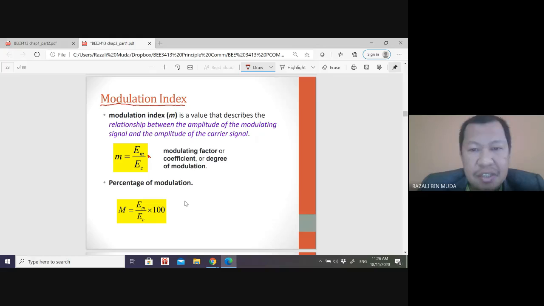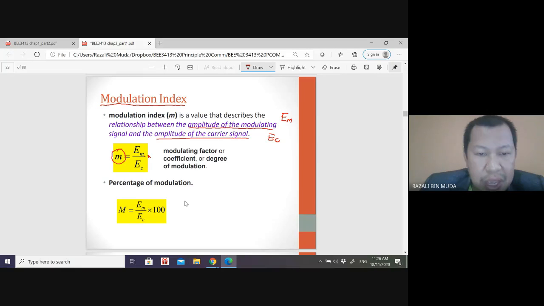Modulation index is a value that describes the relationship between the amplitude of the modulating signal, EM, and the amplitude of the carrier, EC. So modulation index M is the ratio of M over C.